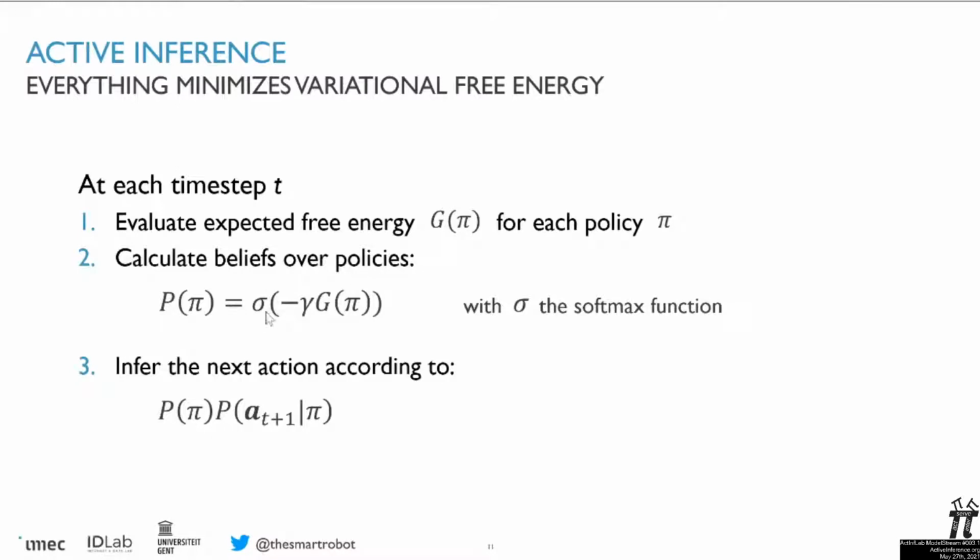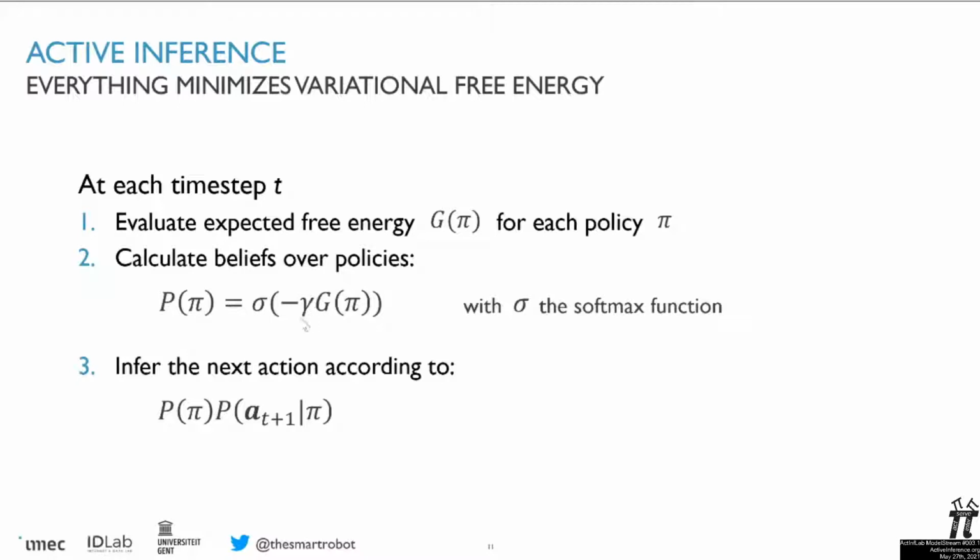So you take the softmax over minus G, and you also weigh this with this gamma parameter, which is just the precision. If you have a high precision, then you will have a very peaked output of the softmax function. So the softmax will basically become a max. You then definitely choose the policy with the lowest expected free energy.